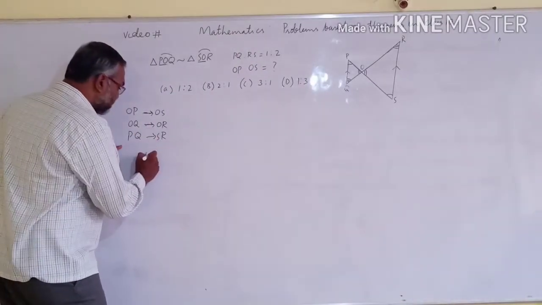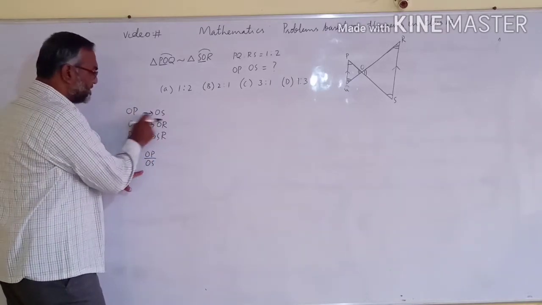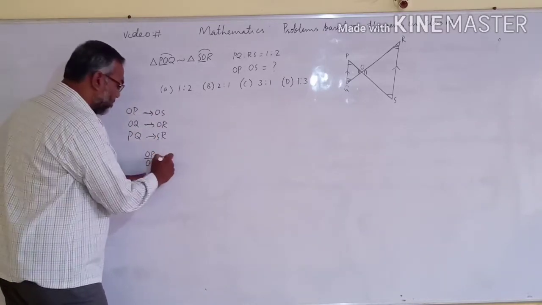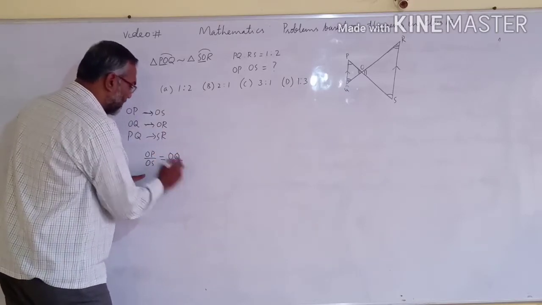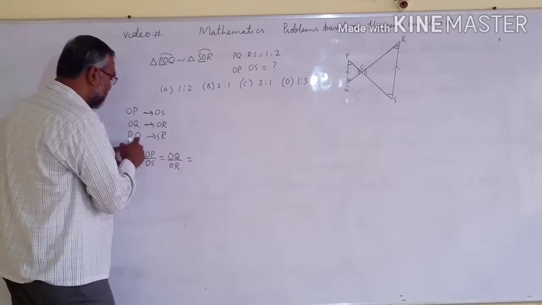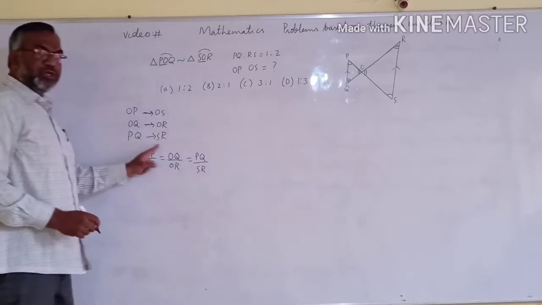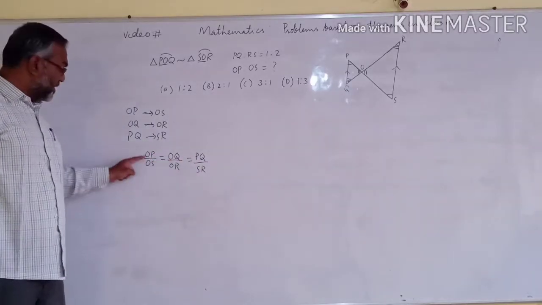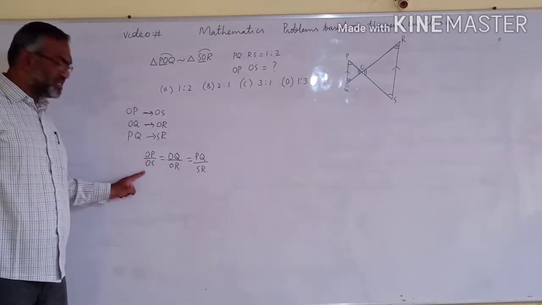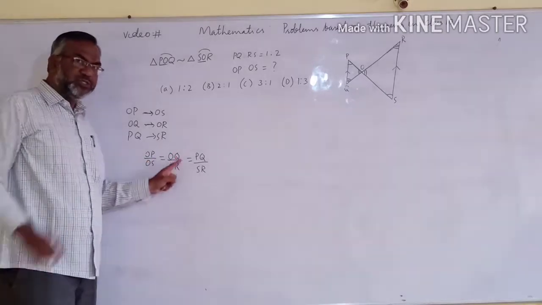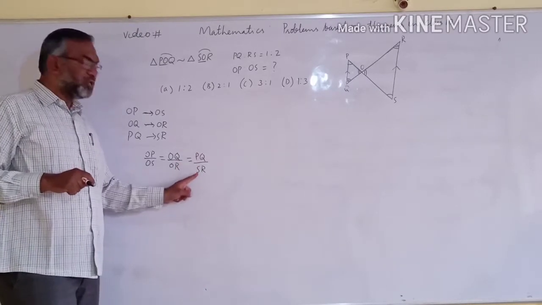It means OP divided by OS must be equal to OQ divided by OR, which must be equal to PQ divided by SR. OP divided by OS means OP is to OS, OQ divided by OR means OQ is to OR, and PQ divided by SR means PQ is to SR.